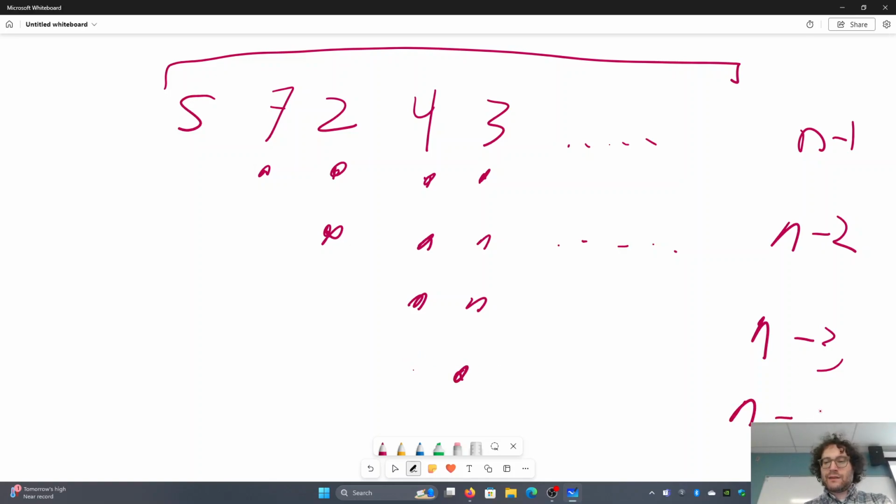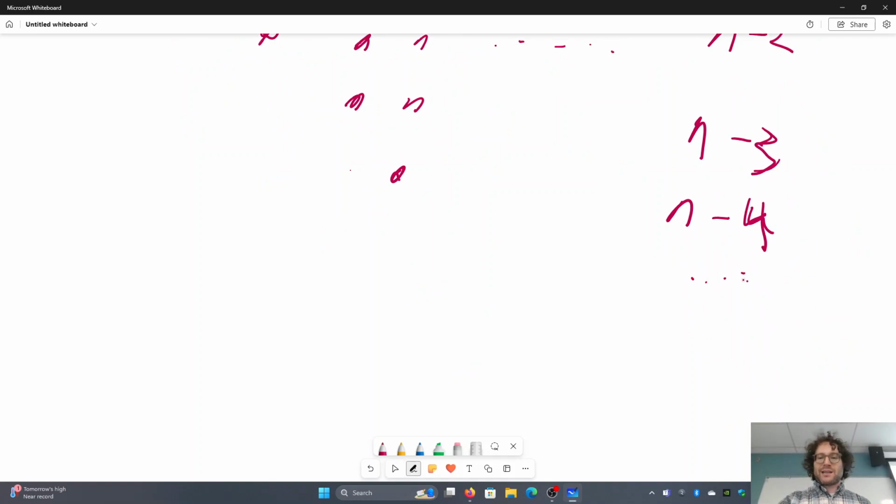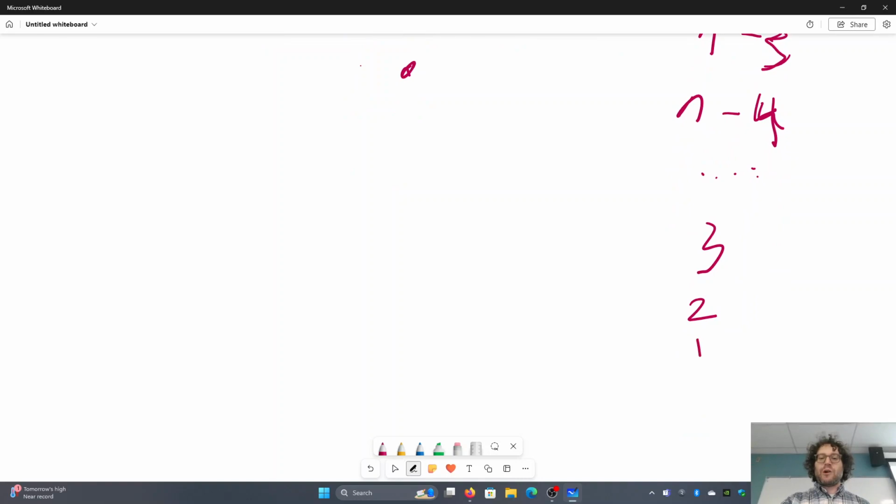n minus 4. And see how we kind of got a little triangle going there in the number of dots I've done? And basically, if we continue on this pattern, we'll get 3 checks, then 2 checks, then 1 check, right?